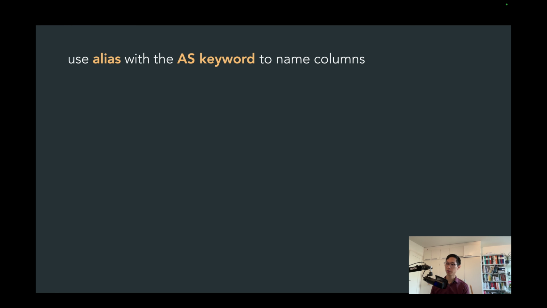And here we'll go into the alias. Use an alias with the as keyword to name columns. So you have here select count distinct salary currency as number currency. So this is your column name now. Otherwise it will say count distinct salary currency, which is not so descriptive.